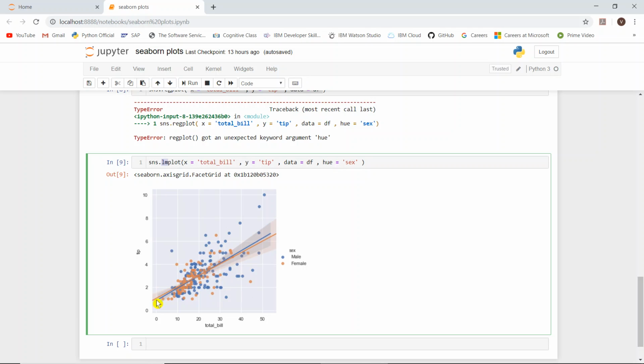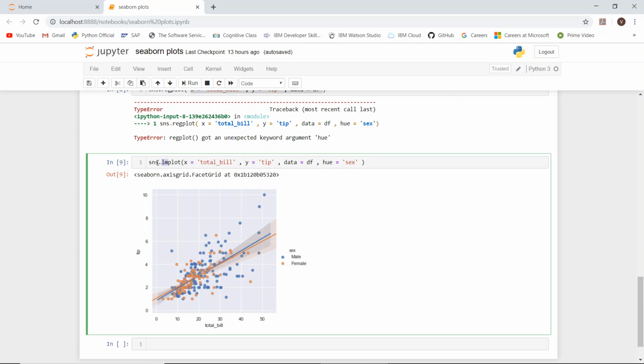Now the regression lines are starting from the left side towards the right side and rising, so it is a positively correlated regression line. For a negatively correlated regression line, the line will fall down from left to right. It will come down like this. The mouse cursor is showing the line. That is called a negatively correlated line.